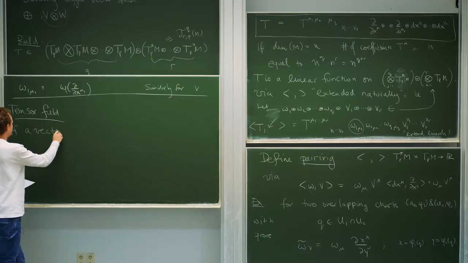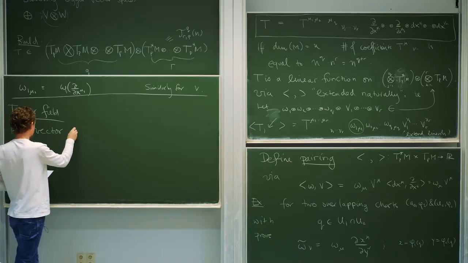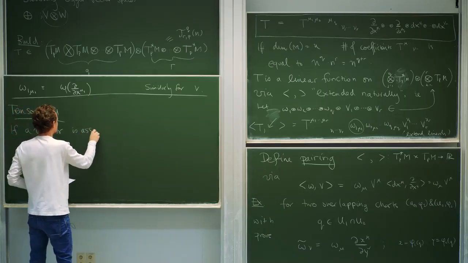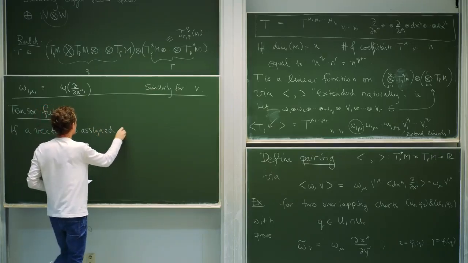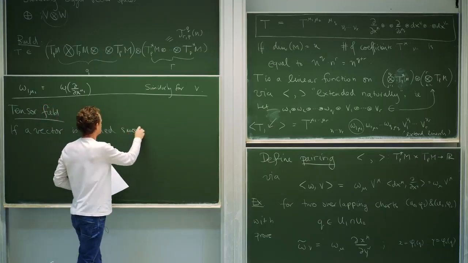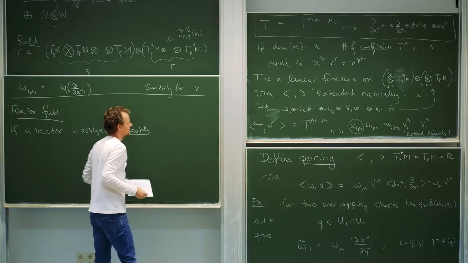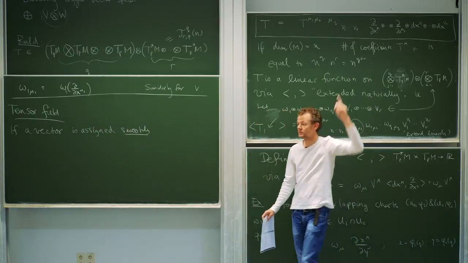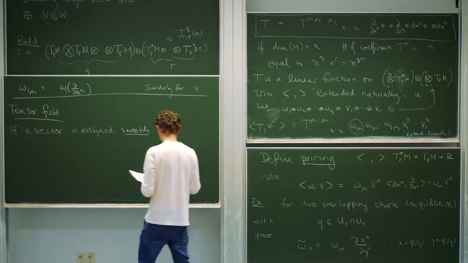So we know what a vector field is, right? Express it in a coordinate basis and insist that the coordinate functions vary smoothly, and we call it a vector field.